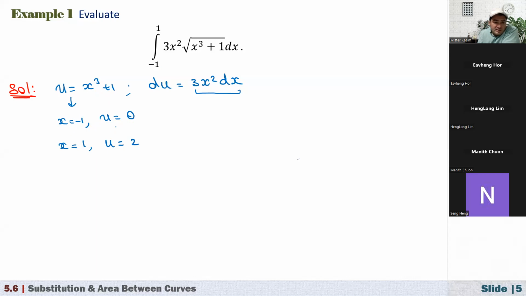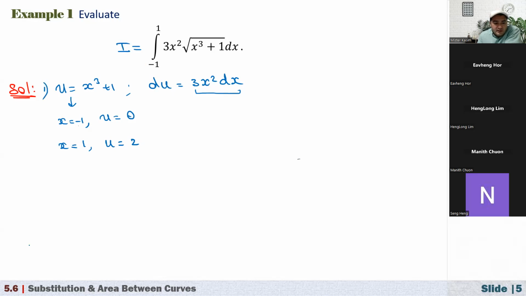That means that since u is a function of x, when x changes from -1 to 1, u assumes all the values between 0 and 2. If you remember, that's the intermediate value theorem for continuous functions. So by using this, now I can change our integral.